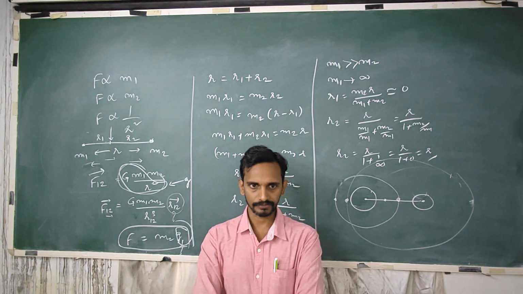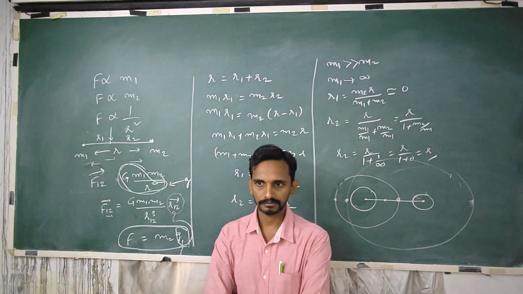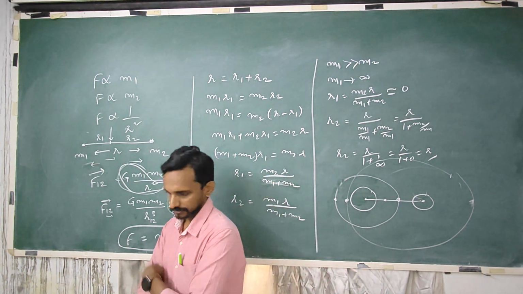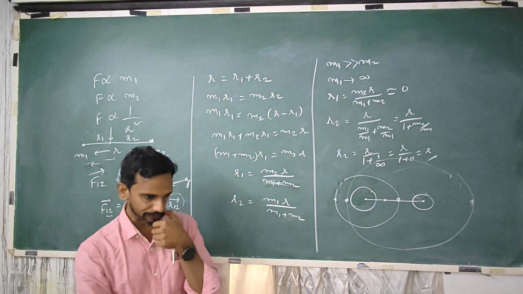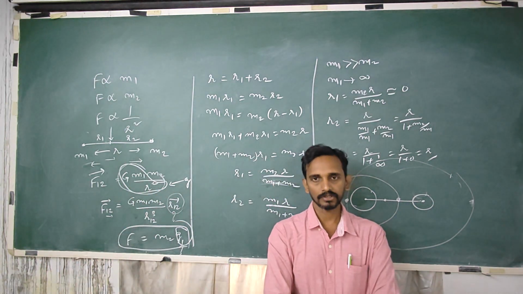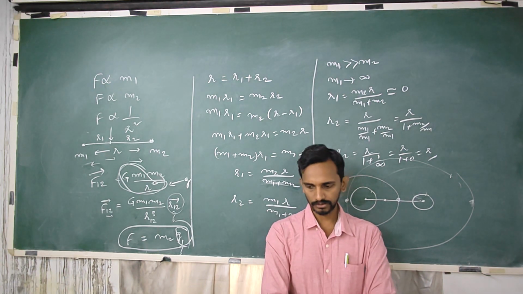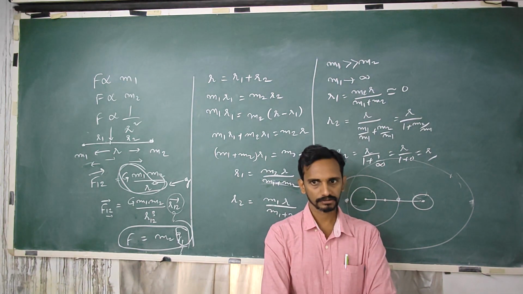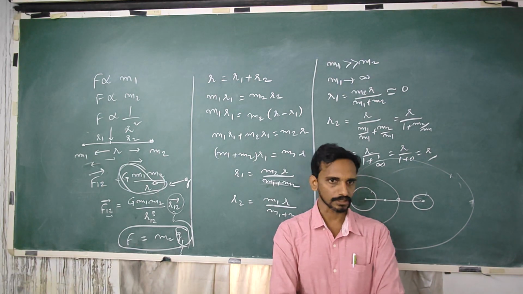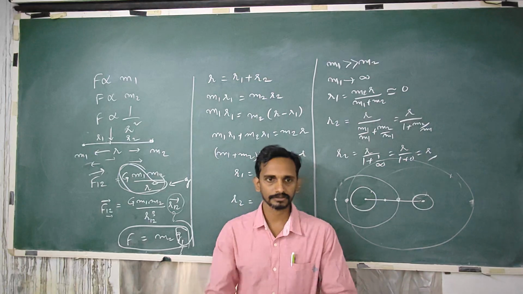So the shape of the orbit for Jupiter is strictly elliptical. They are called binary systems. The rule applies even for stars, like Vasishtha and Arundhati. They are binary stars, so they revolve about their center of mass.